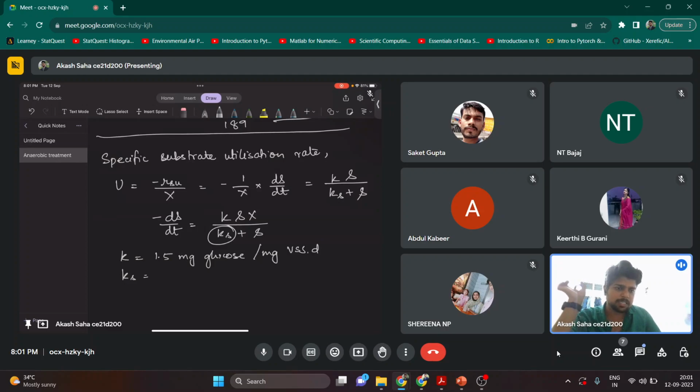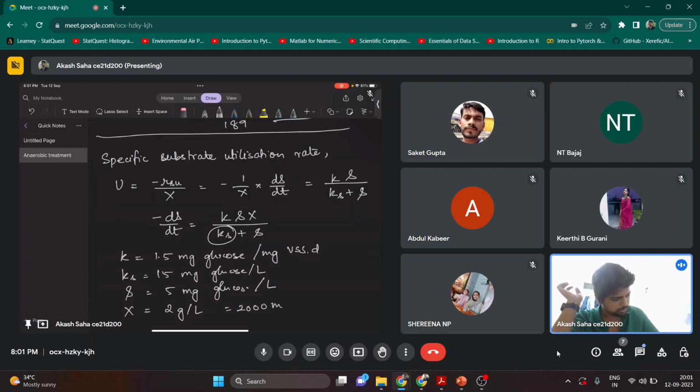When the reaction rate is half of the maximum rate, that value of substrate is the Ks value. So it will be 50 milligram of glucose per liter. S value we have to find out for 5 milligram of glucose per liter, and X value is given as 2 gram per liter, that is 2000 milligram per liter VSS.